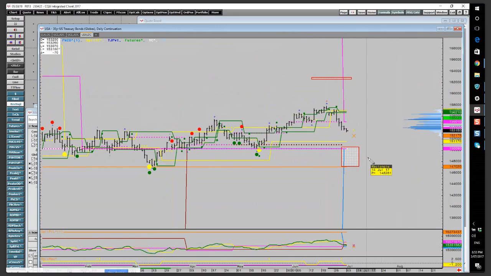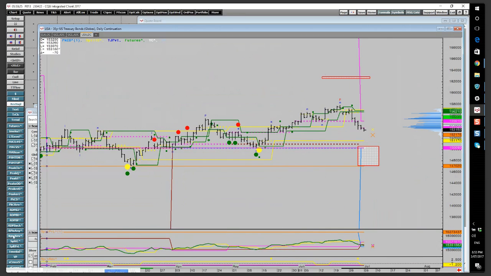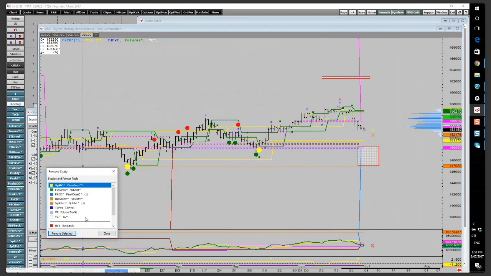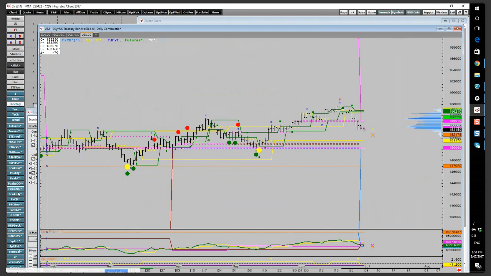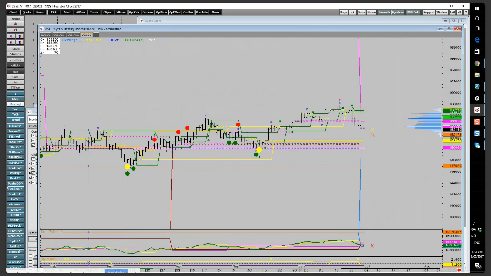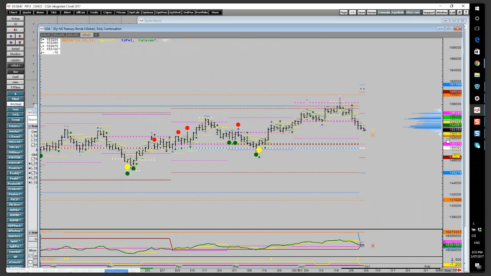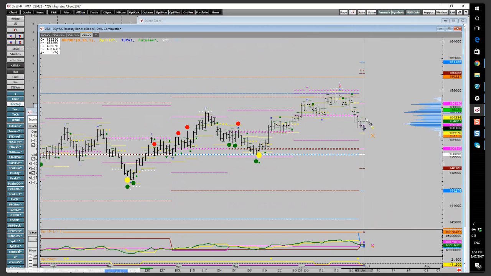In the short term, you'd probably be looking for any bounces. So if we call up the pivots, let's have a look at what's going on. Here it is. In terms of these pivots, any move up towards 154 would be looking for short-term sell signals, and support for this week is 152.